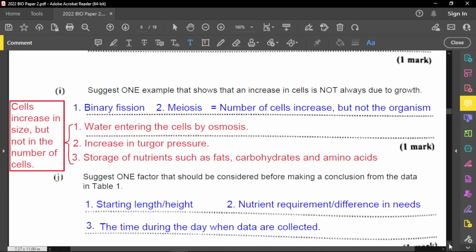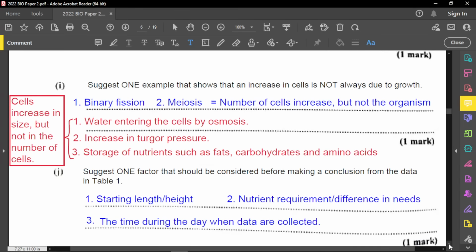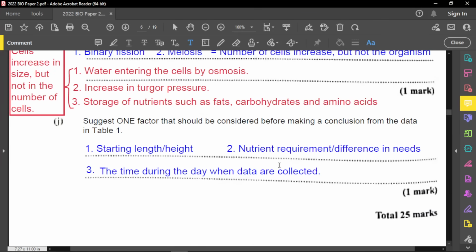All right, so for part J, it says suggest one factor that should be considered before making a conclusion from the data in the table. Things we can look at in terms of making a conclusion versus length and height of baby is that we can consider the starting length or the starting height. Because of course the seedling will be very small versus a newborn baby, which will be larger in size or length, naturally.